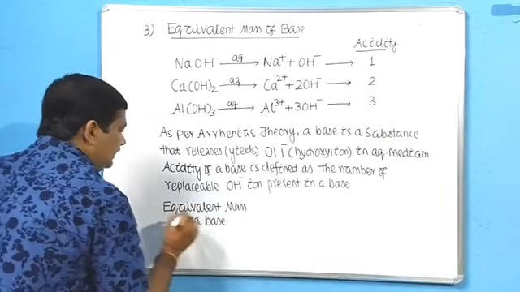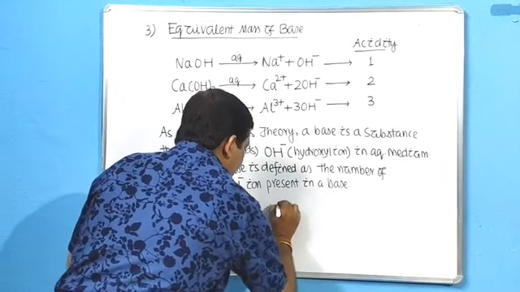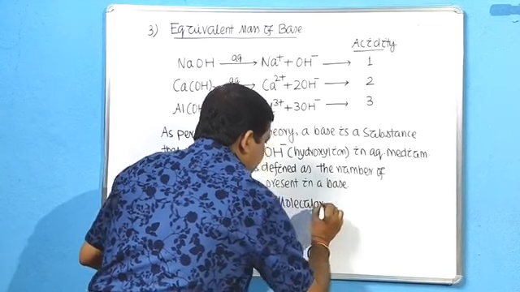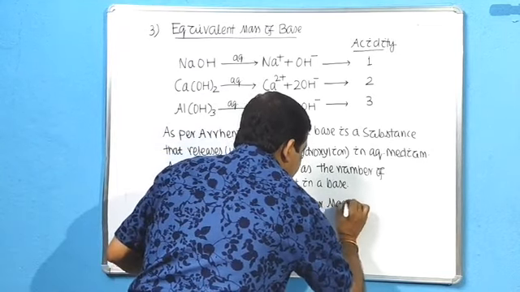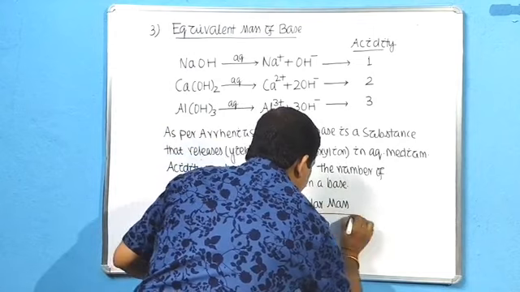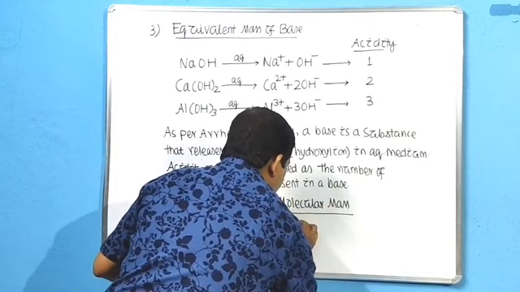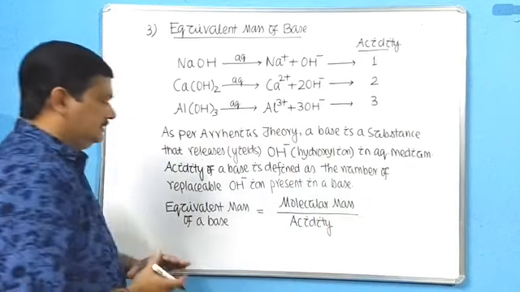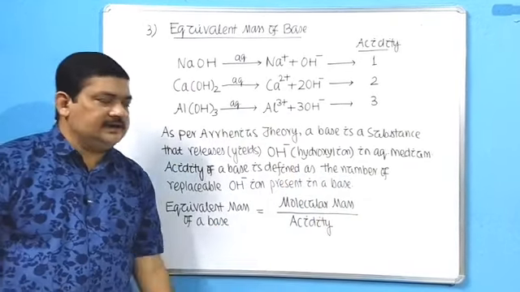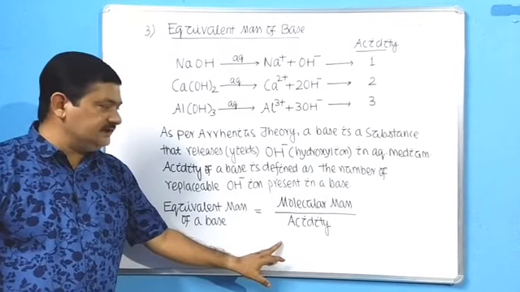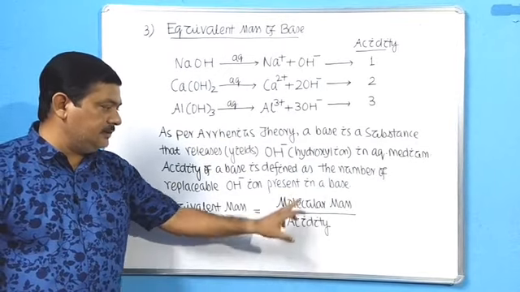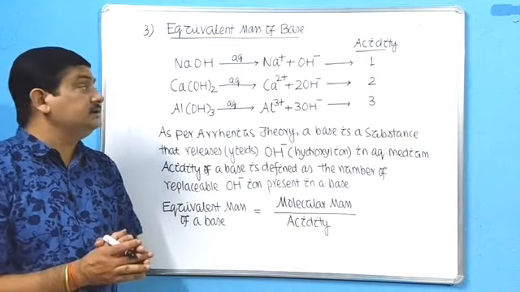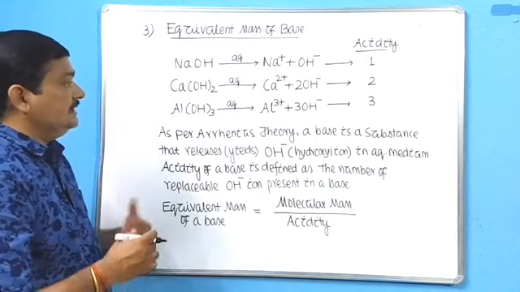This is formula number 3: molecular mass divided by acidity. So simple formula. In case of acid, it was molecular mass by basicity. In case of bases, it will be molecular mass by acidity. Okay, students. So this is all about equivalent mass of a base.